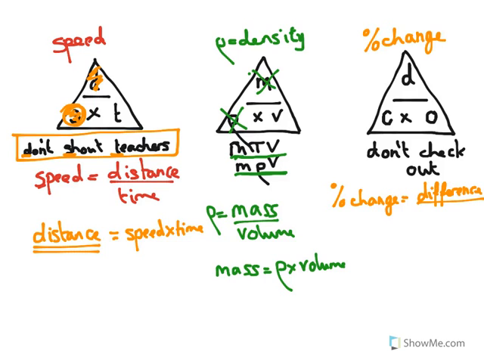If you've got two prices, the percentage change would be the larger price minus the smaller price divided by whatever the original price was. So percentage change we can think of as being difference divided by original, and then to change it into percentage we multiply it by 100%.